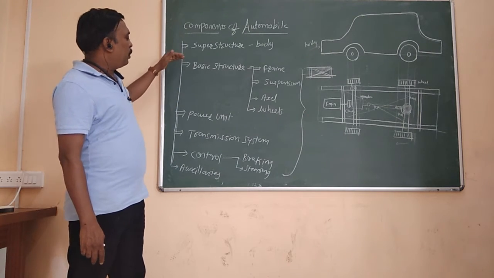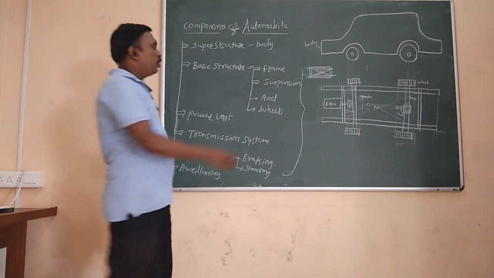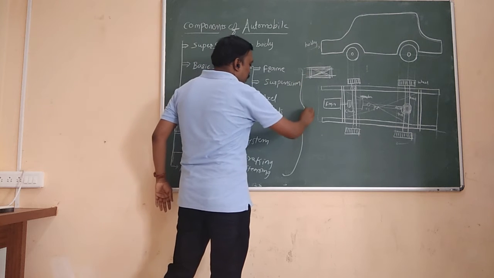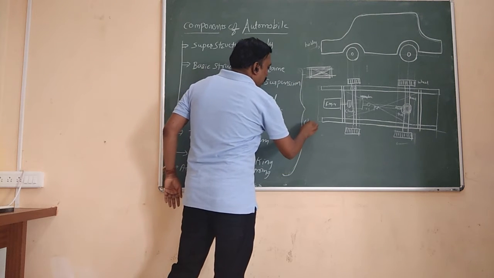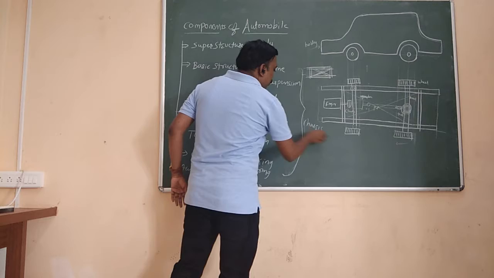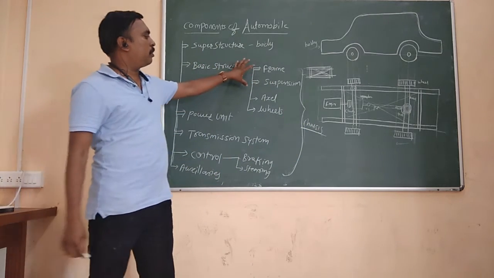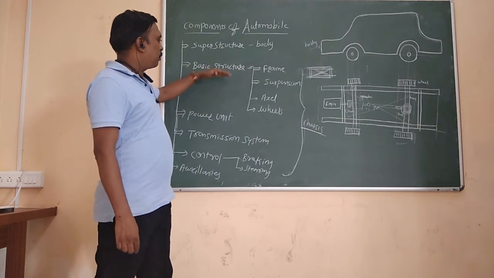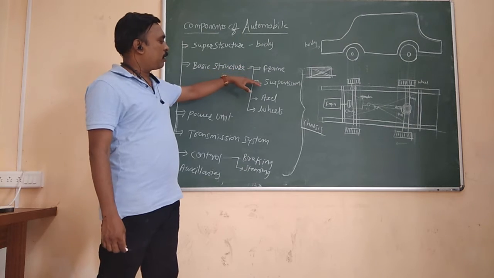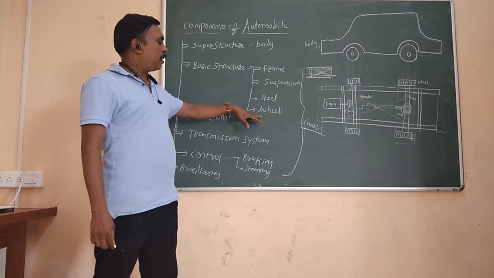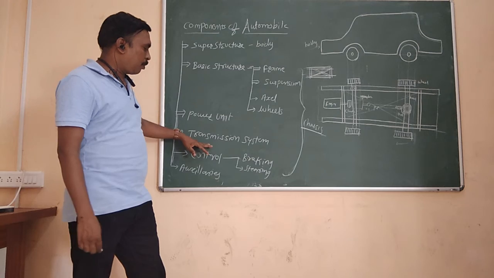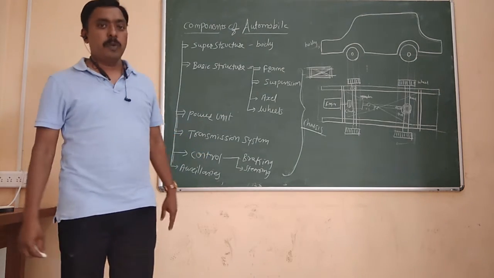So the basic structure with control, this portion is called the chassis. Chassis is not just the frame. This chassis consists of the frame, suspension system, axle, wheels, and power unit, as well as transmission unit and control unit.